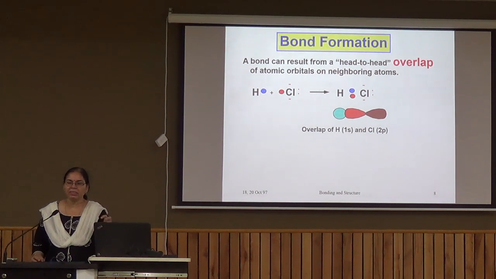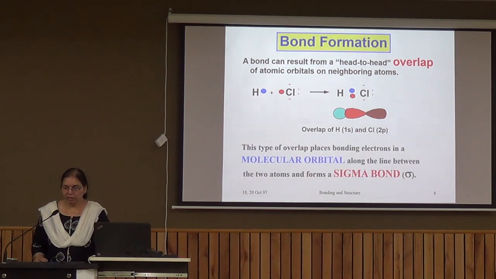That is why there is a head-to-head overlapping between the s orbital of hydrogen and the p orbital of chlorine. This type of bonding takes place in the electrons present in the molecular orbitals. They are present on the internuclear axis and form the sigma bond.